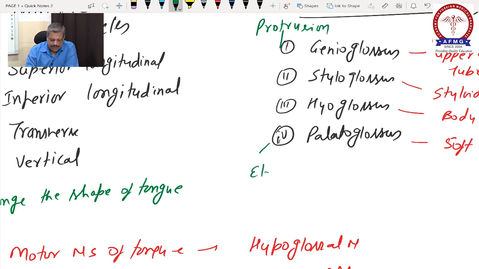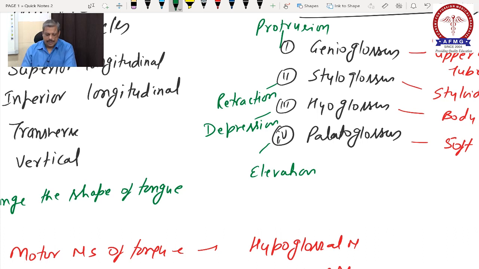Palatoglossus, it causes elevation of tongue, and hyoglossus, it causes depression of tongue. Styloglossus, it causes retraction of tongue.